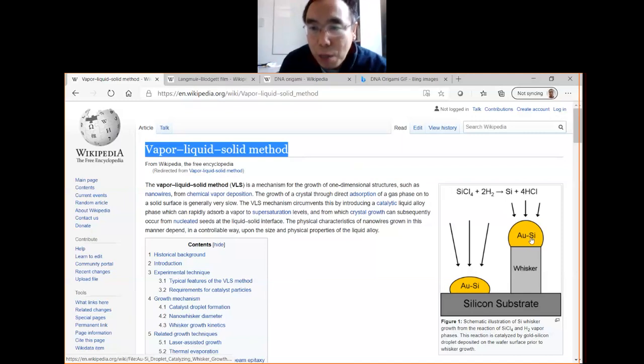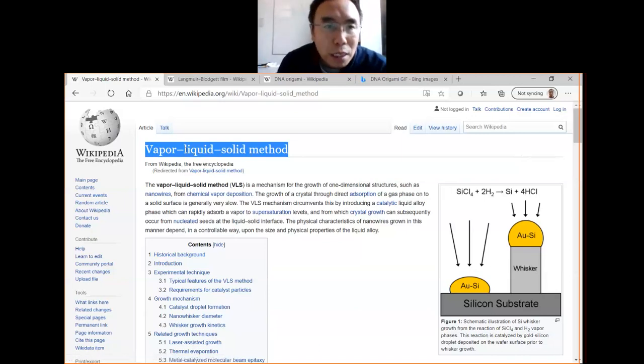Then the silicon will come down to the pillars. Then this pillar will grow up and up, and this liquid droplet is always on top of the pillar. This is the VLS method to grow nanowires, silicon nanowire, and also other types of nanowires.